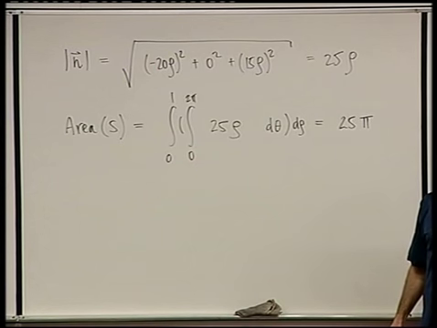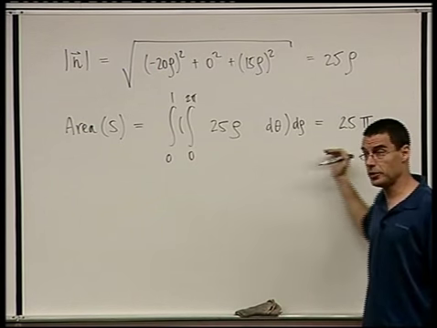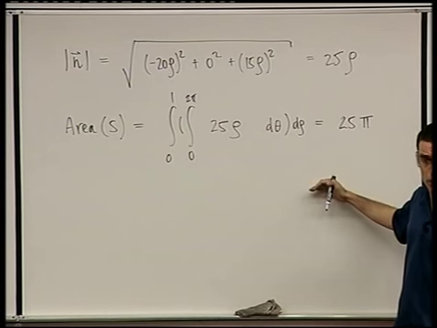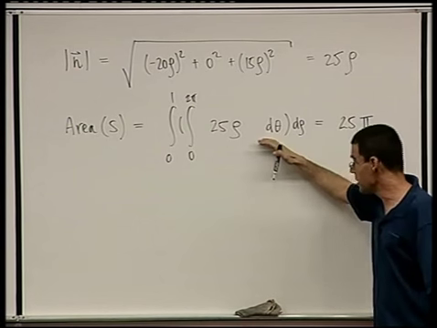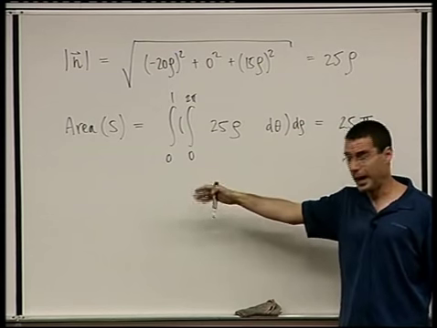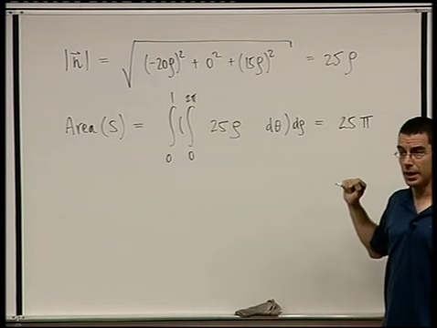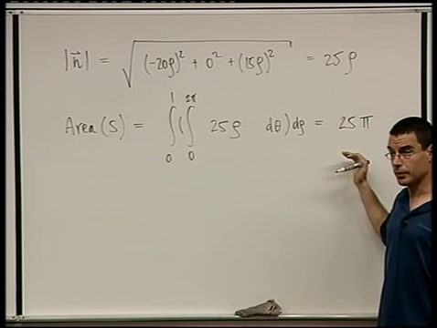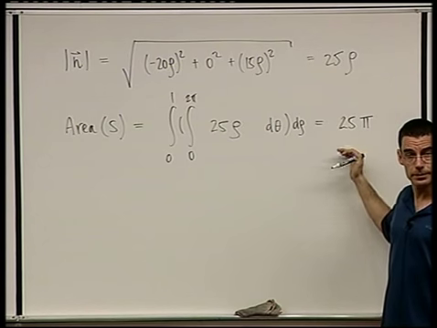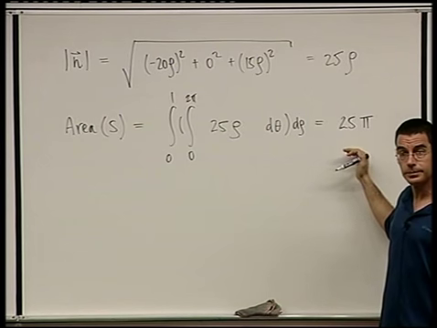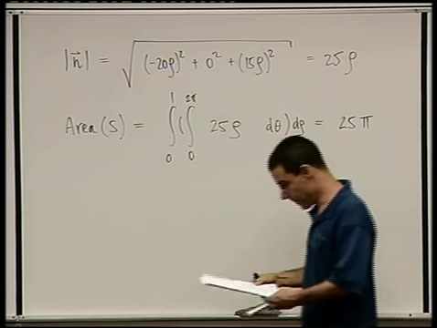Okay? If that was too quick, break it up into the intermediate steps. Do first the integral d theta, throw out a 2 pi, and then integrate the d rho integral. Okay? Questions? Everybody good? Okay.